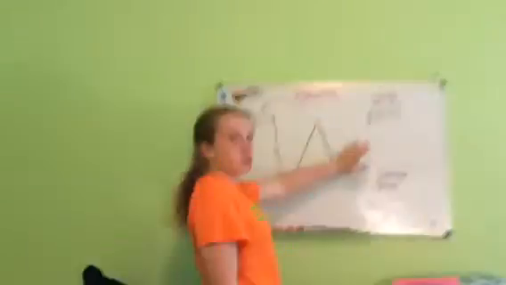Now we're moving over to our whiteboard. Here I have a problem set up where the cylinder and the cone have the same radius and the same height as each other. Before we work out this problem, I'm going to show you how the two formulas differ.